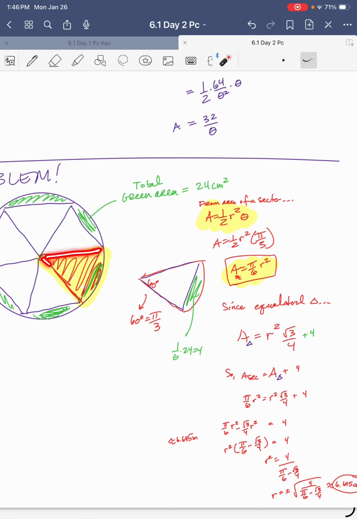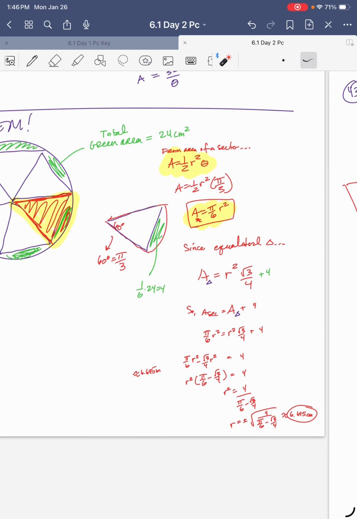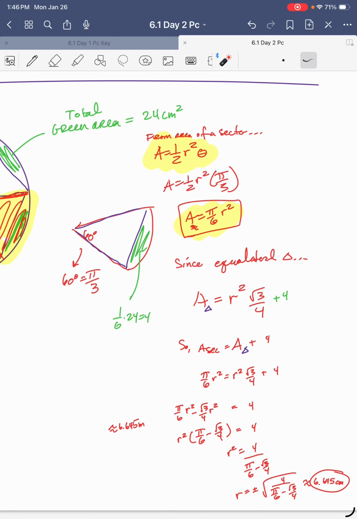Because if you take 360 degrees divided into 6 pieces, each one of these is going to be 60, but I have memorized that 60 is pi over 3. So this little angle right here is pi over 3. So the area of this sector is going to be pi over 3 times whatever the radius is squared. Right? That's what we're saying right here.